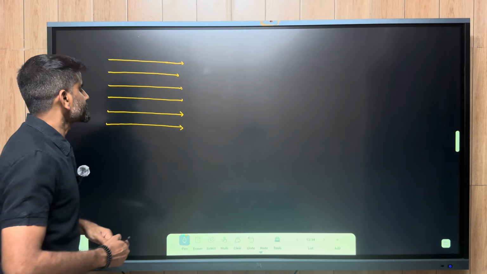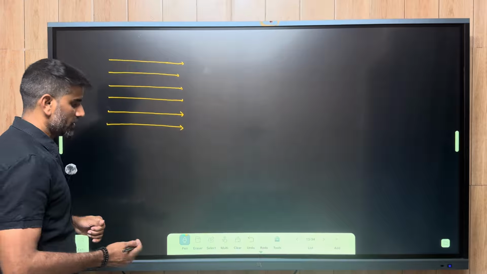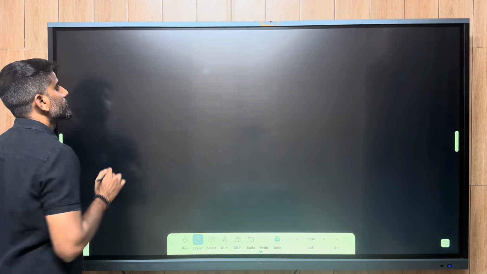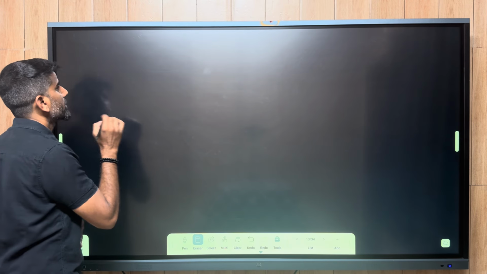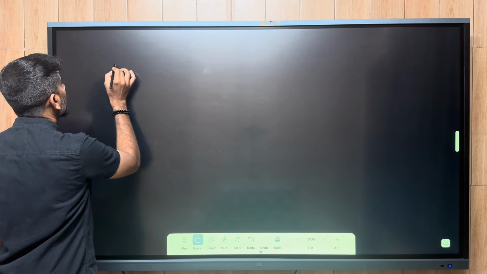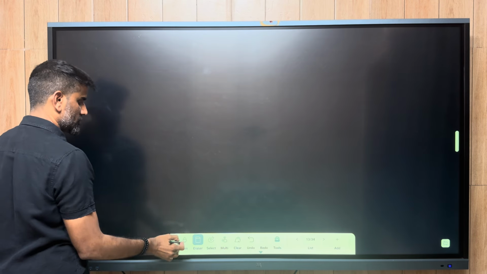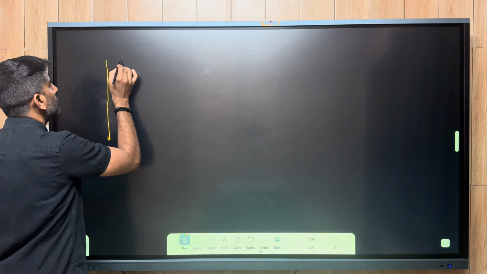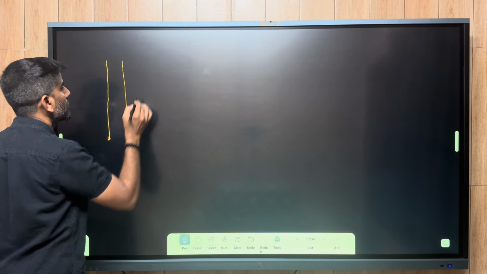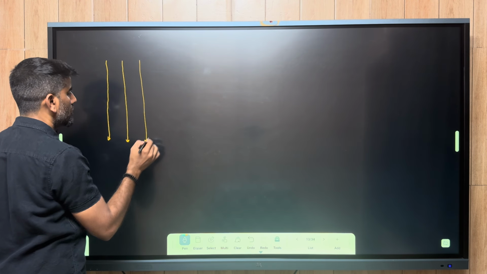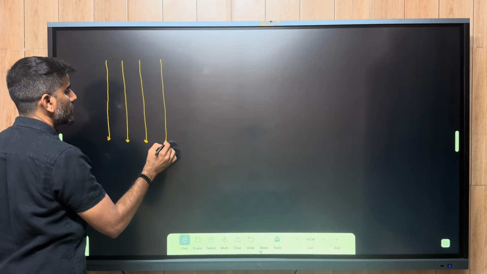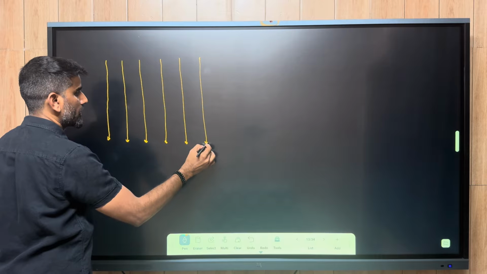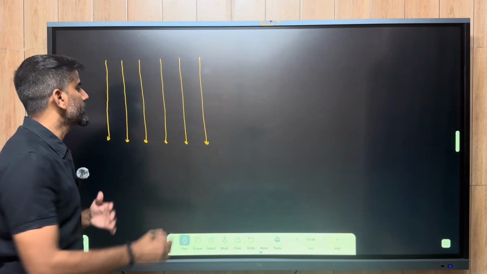Sorry, instead of drawing the lines in this direction, let's draw the lines in the vertical direction, like this. Okay, so these are the field lines, electric field lines.